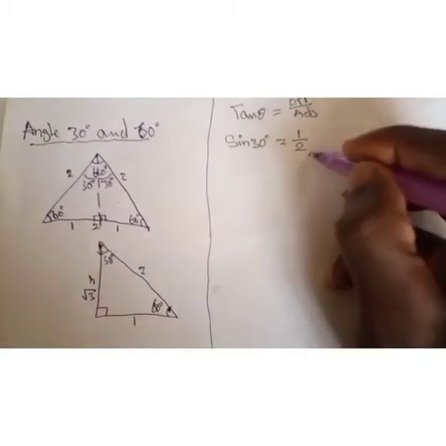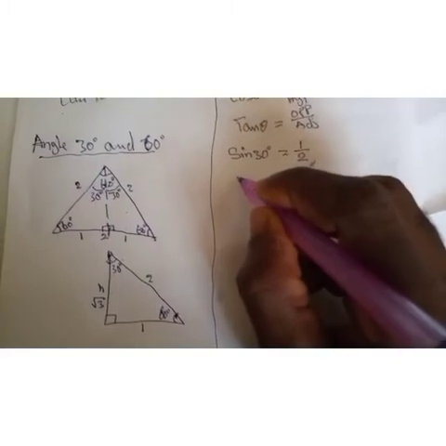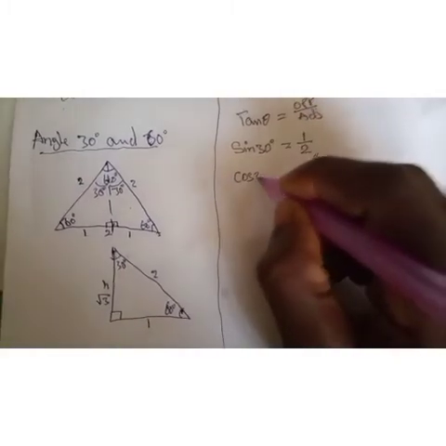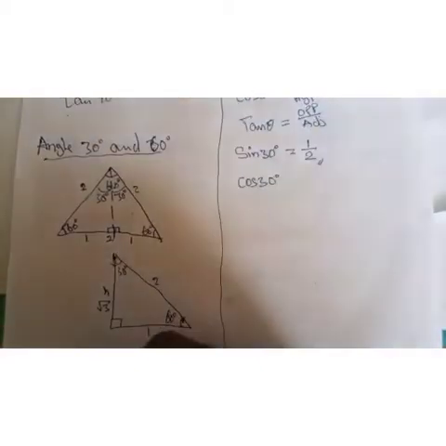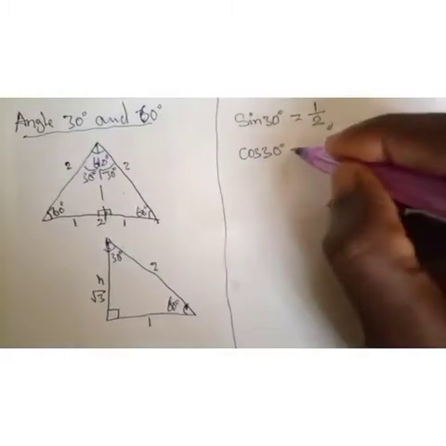Okay, so let's move to cos 30 degree. So cos 30 degree here, we look at SOHCAHTOA.